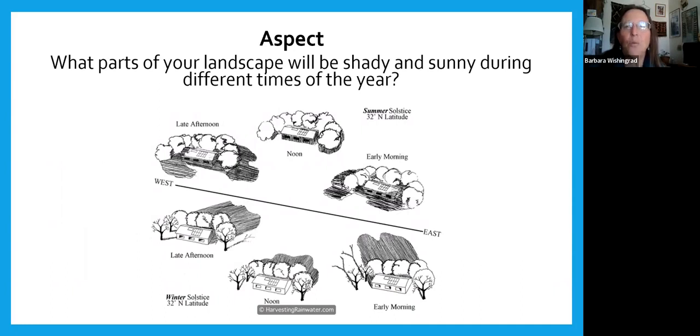So before you plant something, to make sure that it's successful, you want to understand when it's sunny, when it's shady there, and how long and what time of the year. This is the exact same location, and you can see that at different times of day and at different times of year, the shade pattern is very different. Next.